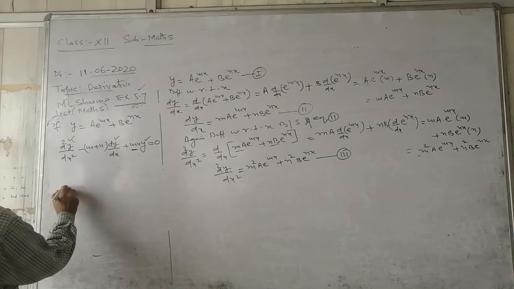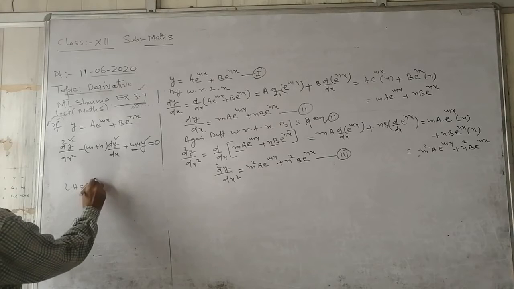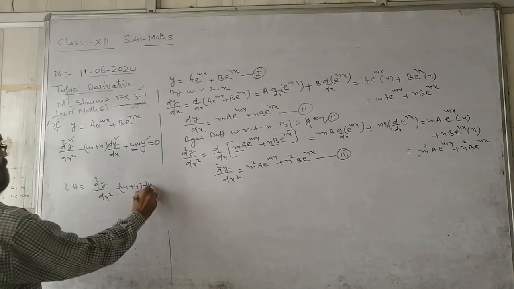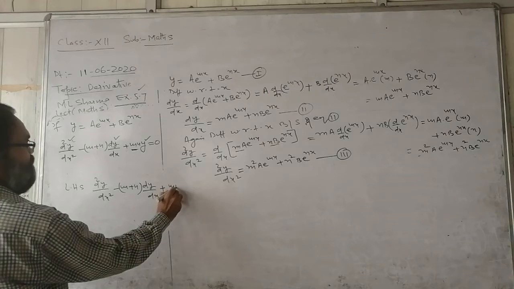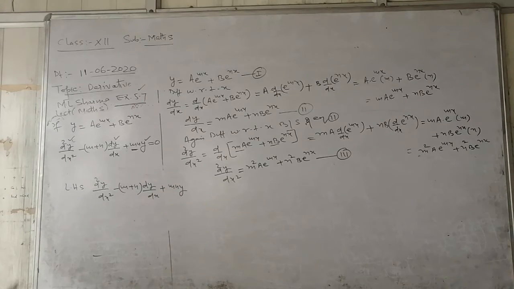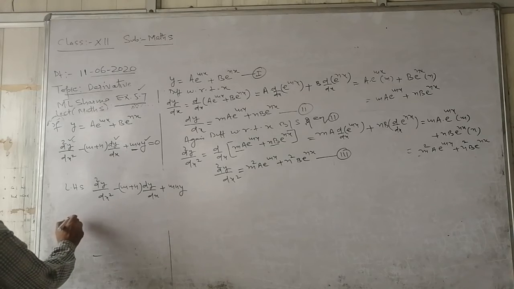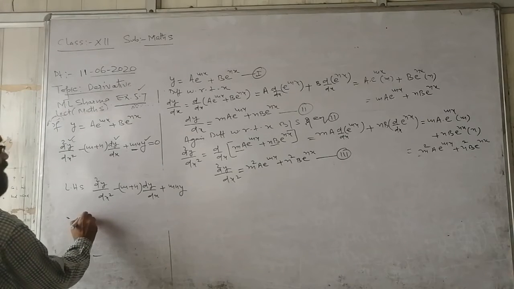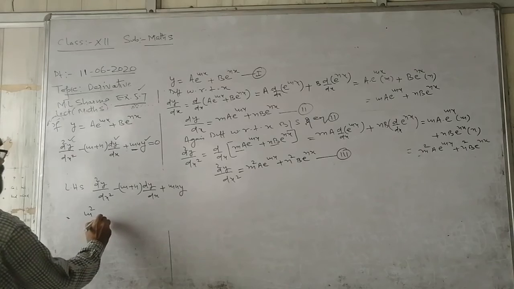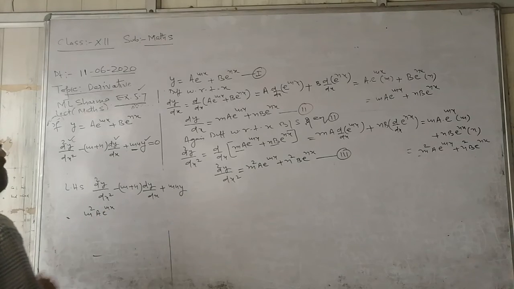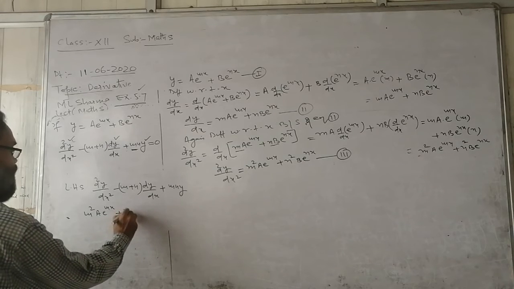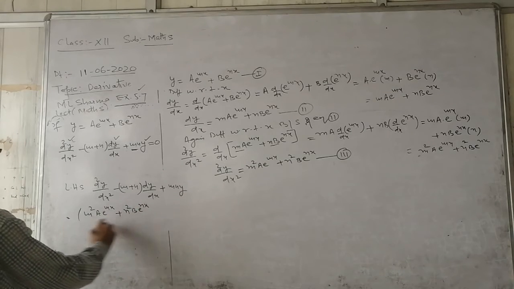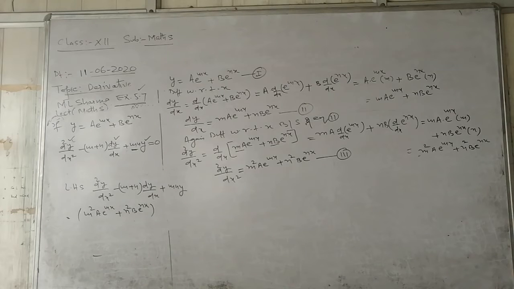If I take the left hand side of this equation and simplify these terms, I can write m square a e^(mx) plus n square b e^(nx). Here I have substituted the value of d²y/dx².